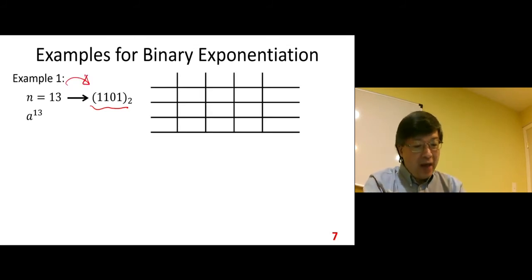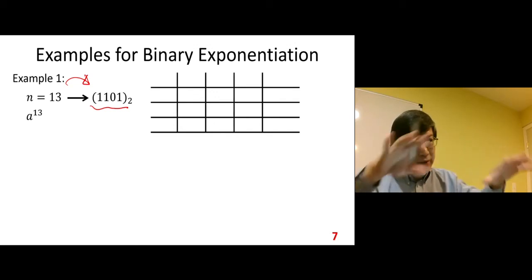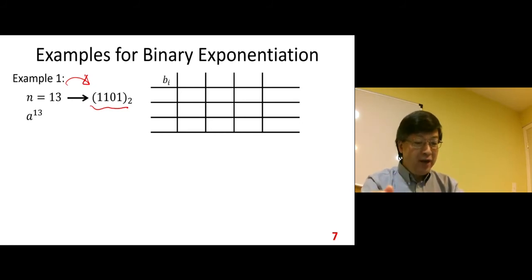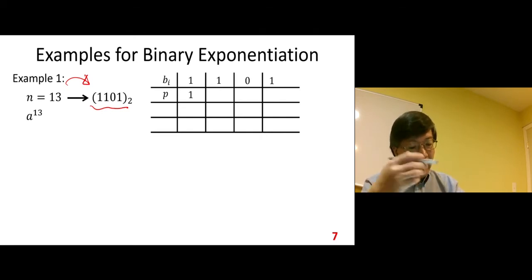After that, to organize our work, I draw a table. For BI, we can list 1101, from the most significant to the least significant bit. Then the P value: at the beginning, P equals 1, and every step we update that P value.